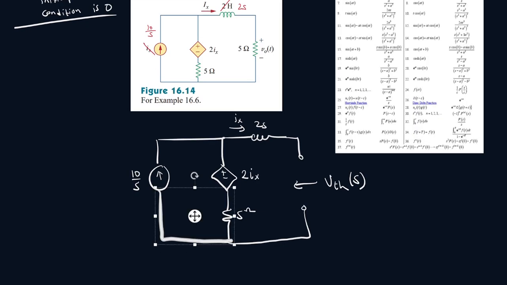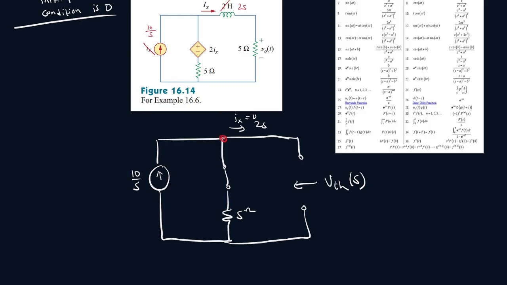So since this is an open wire, Ix will be 0. So that means this whole region is pretty much useless. And since Ix is 0, this is 2 times 0. So this dependent voltage source is giving 0 volts. So we can just replace it with a wire like this. So V Thevenin will pretty much just be the voltage at this region.